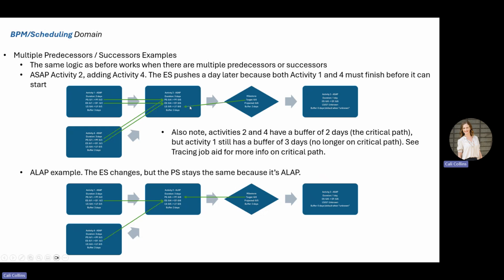It's pulling its late start from the milestone's target. That's your backward pass. Down here, because it's as late as possible, it is pulling its early start from the predecessors, but is now pulling its projected start from its successor, the milestone down here.